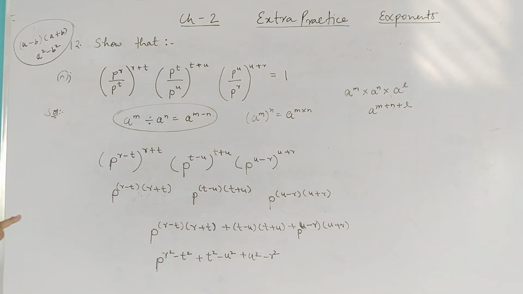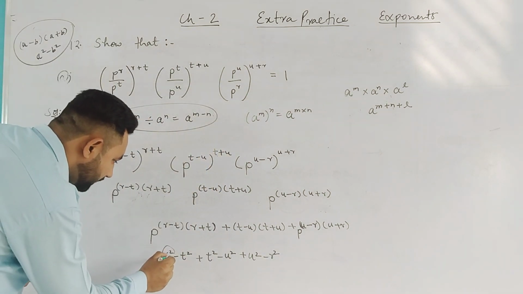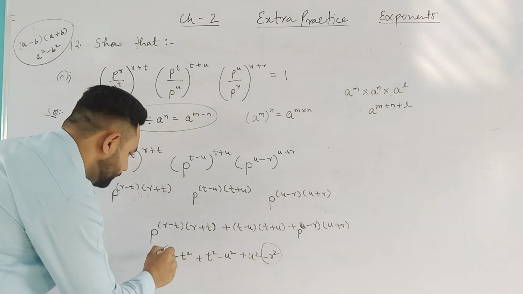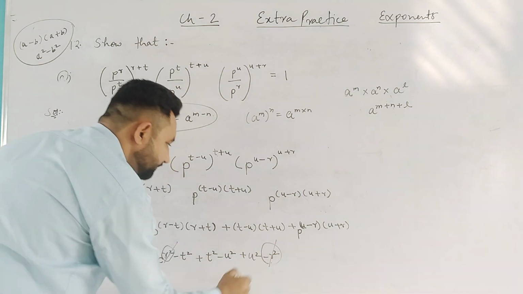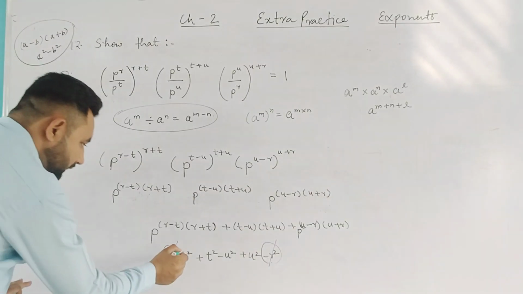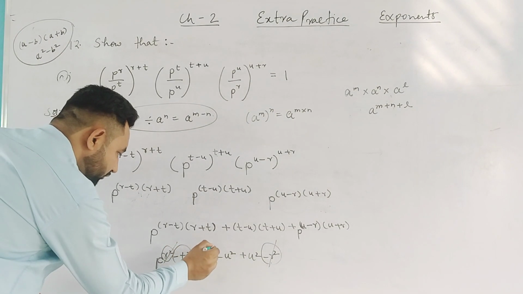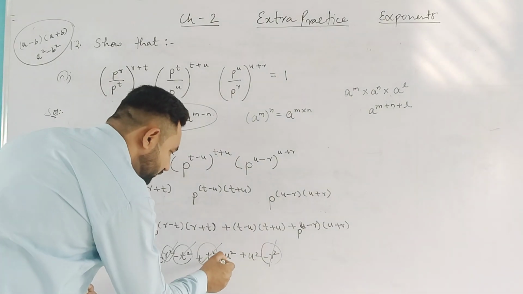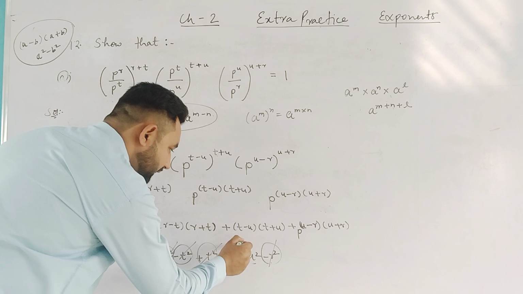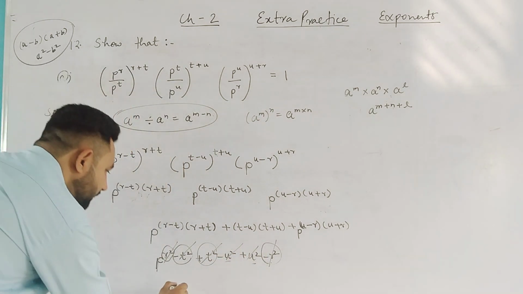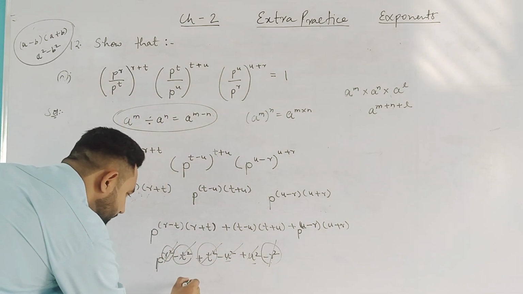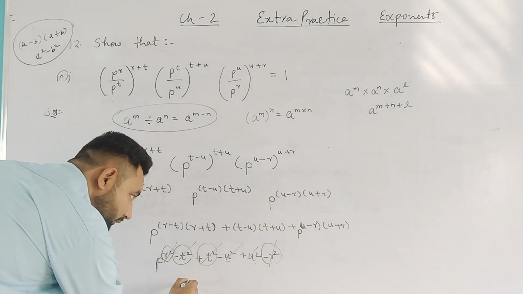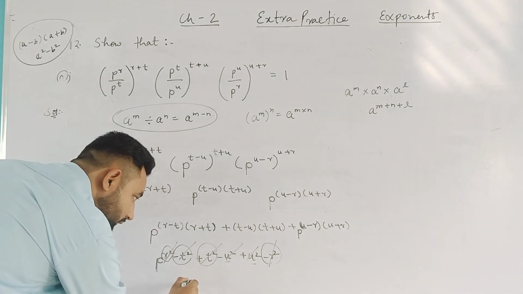Now you see this r² and this r². This is positive, this is negative, so they will get eliminated. Now this is minus t² and this is positive t², they will also get eliminated. This is minus u² and this is positive u², they will also get eliminated. Now what will be left here? p to the power what? 0 or 1?